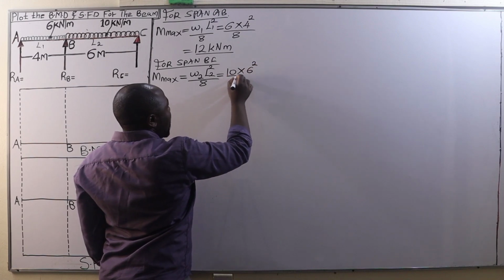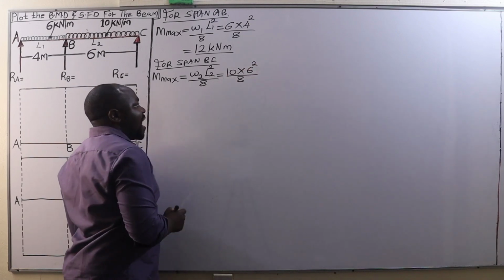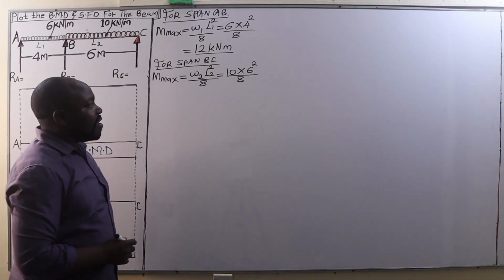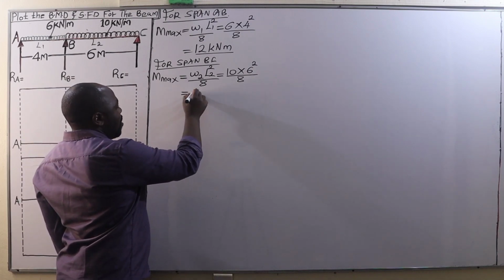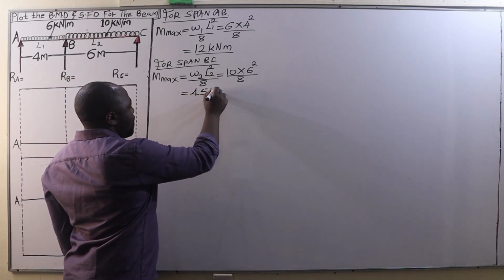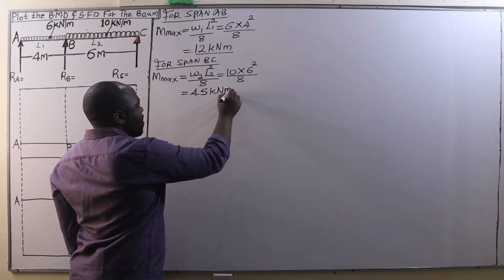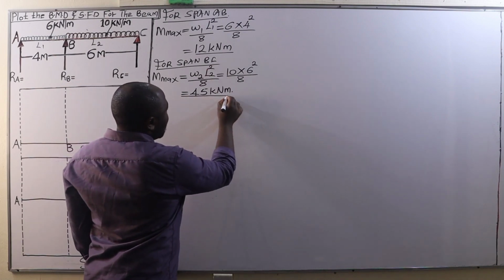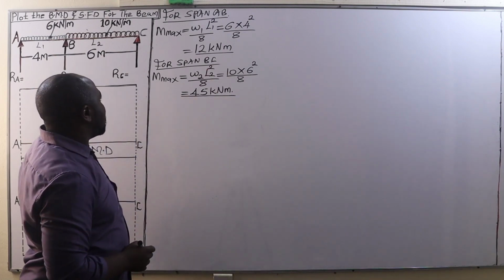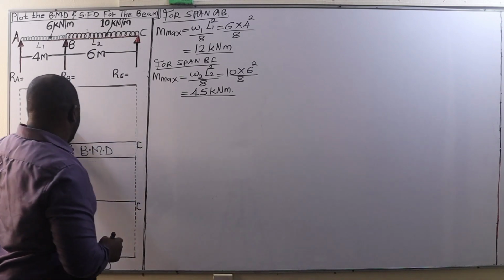Therefore, 6 squared, we divide that by 8, and that's going to give us a bending moment of 45 kilonewton meter. After that, we are going to plot those bending moments.